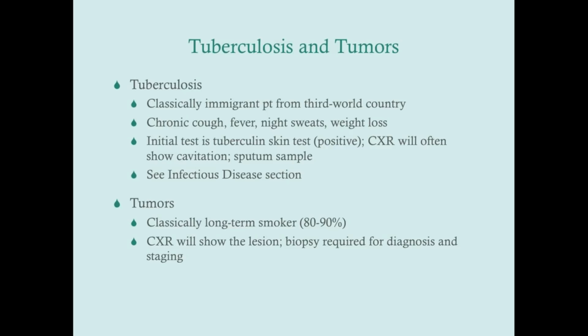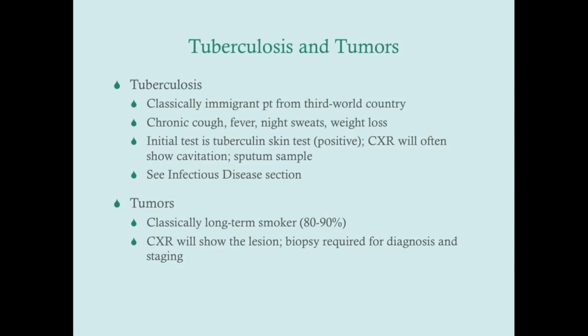The initial test is the tuberculin skin test. If you believe that the patient may have tuberculosis and you administer the skin test, if it comes back as positive, you're going to get a chest x-ray. If the chest x-ray comes back as positive, then you're going to get a sputum sample. If the sputum sample comes back as positive, then the patient has active tuberculosis, and you're going to treat them with multi-drug therapy.